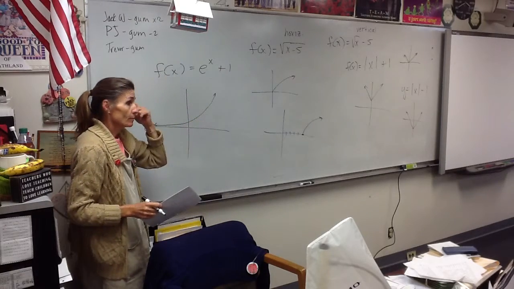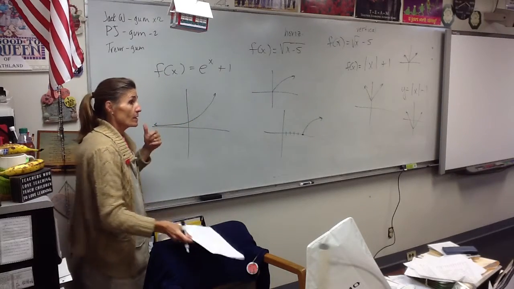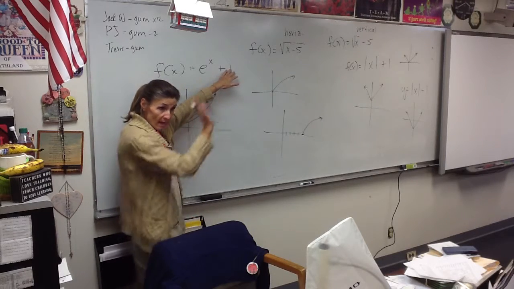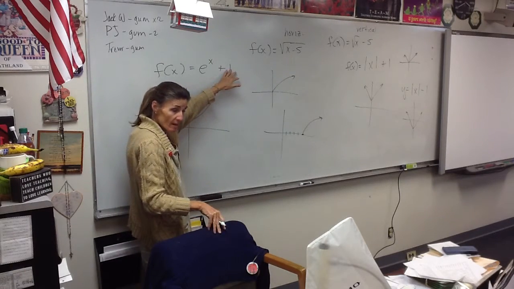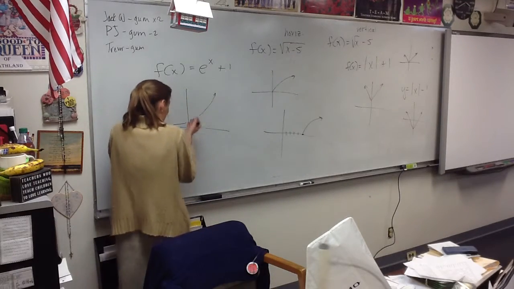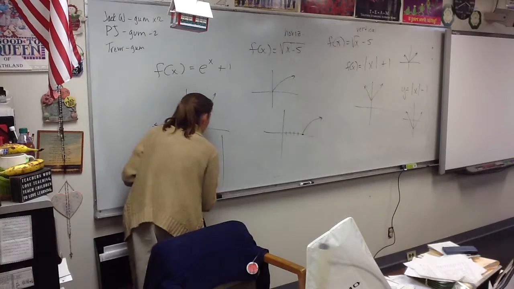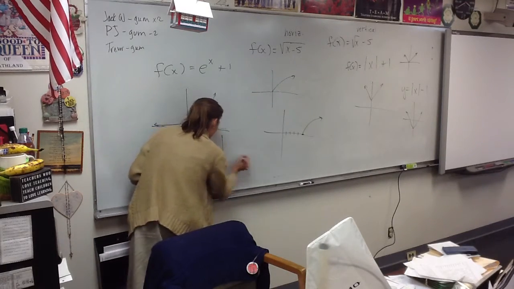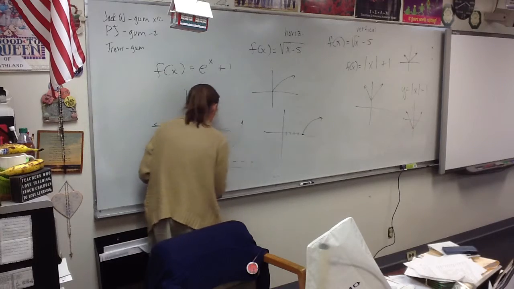It moves it up 1. See where that's hooked onto the end of the problem, just tacked on at the end? So we're going to take that equation, this picture, and pick it up 1. So instead of having its asymptote here, its asymptote's going to be up 1, and it's going to look like this.